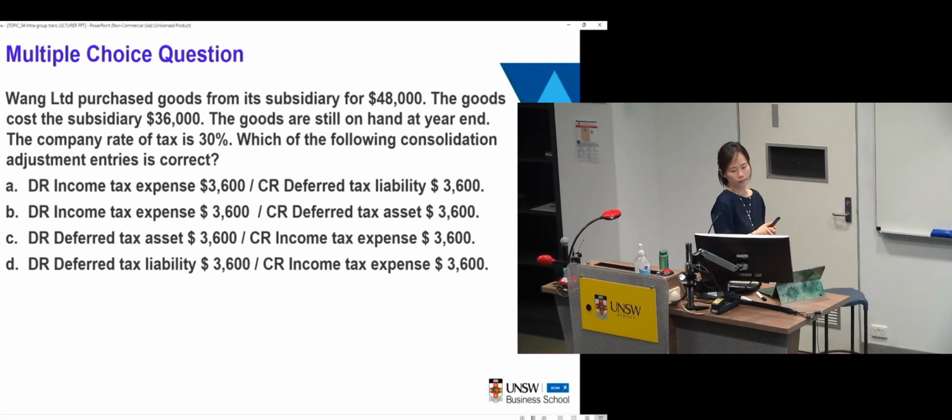So what is the profit from the intragroup sales? And then identify the unrealized profit that is required to be eliminated in the worksheet, right?